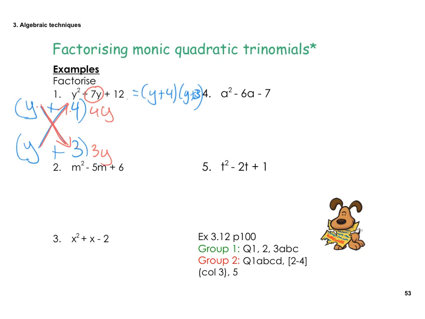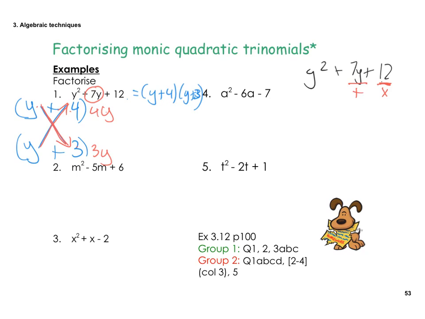Another way you can solve the same question is the product sum method. I might just do it up here on the side. So y squared plus 7y plus 12. The way product sum works is this. It's very similar, but you don't draw a cross. Our last number is my times number, and my middle number is my plus number.